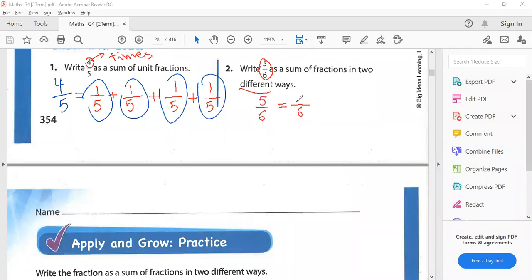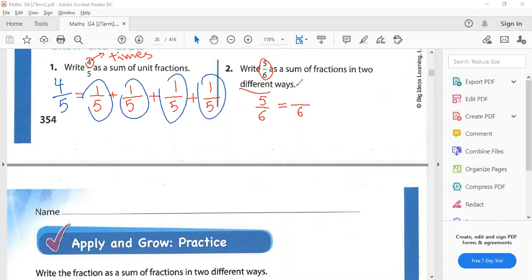And you need to write down many fractions. Their sum will be 5 over 6. So you can make this 5 over 6 as unit fractions.